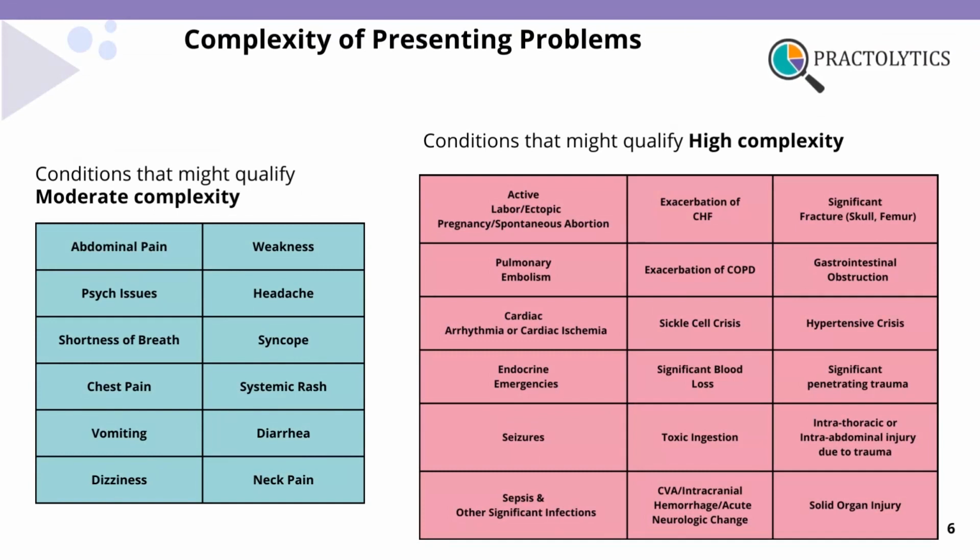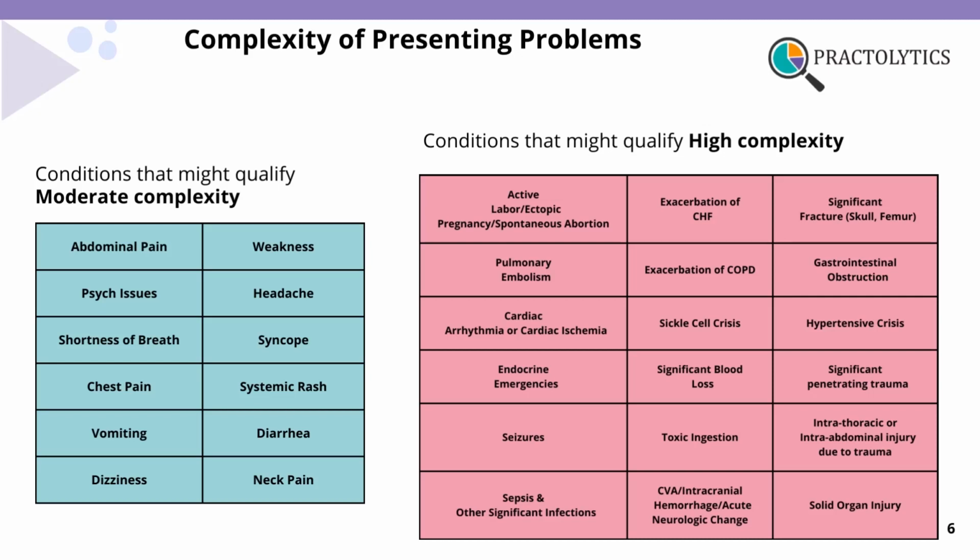Now, these are a few examples of the most common conditions for hospital inpatients based on the complexity of the problems and the amount of work and level of risk involved in the treatment process for these conditions. All the examples shown in the medical decision making table are not an exhaustive list and should be used as examples only.